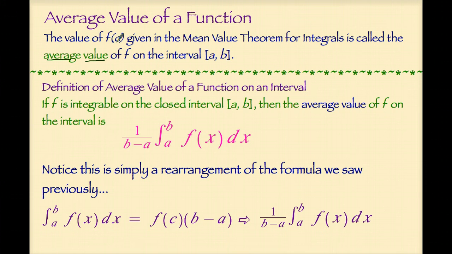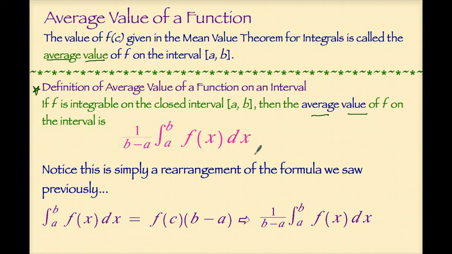So that function value at the c that we find is the average value of a function. So the definition of average value of a function on an interval: if f is integrable on the closed interval AB, then the average value of f on the interval is 1 over b minus a times the definite integral from a to b of f of x dx.